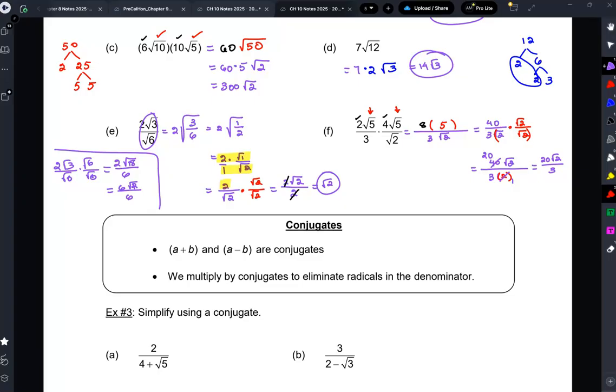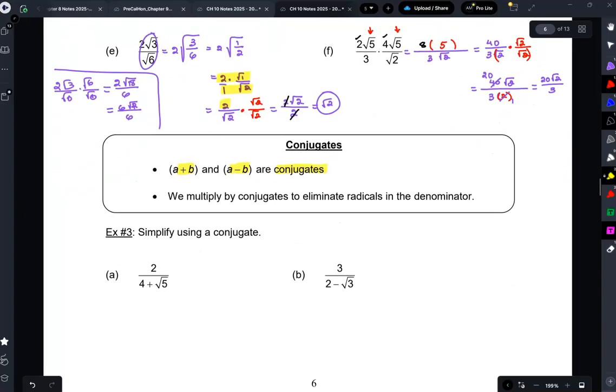Okay, let's talk about conjugates. If you have a binomial, a plus b and a minus b, they are called conjugates. Remember how we said you can never have a root in the denominator?